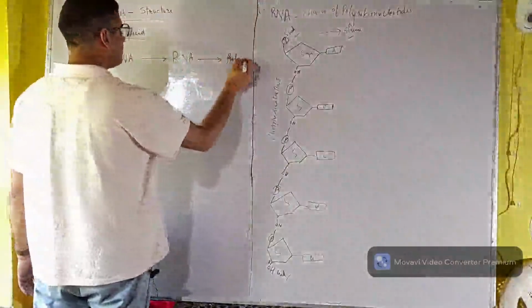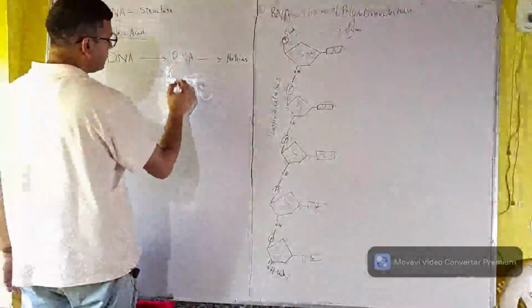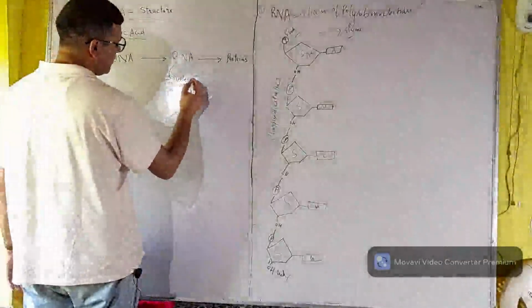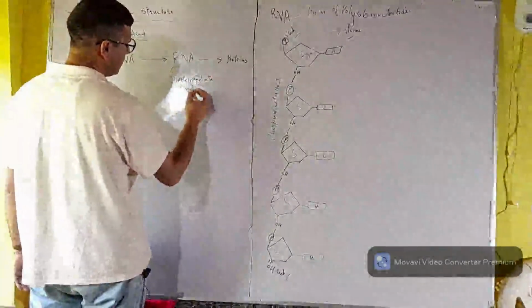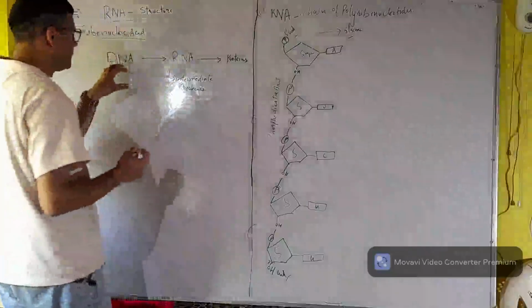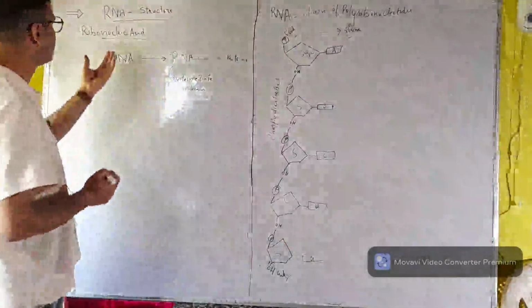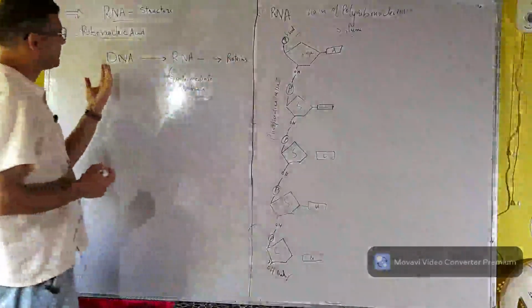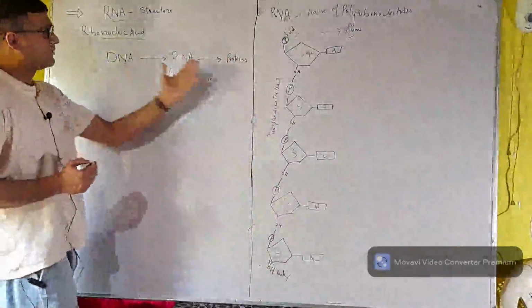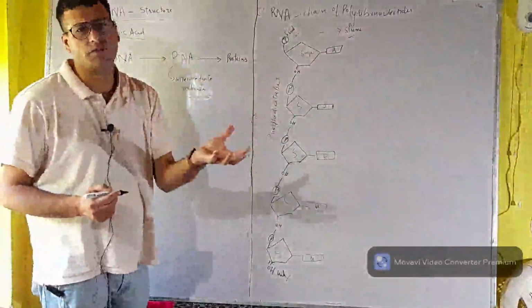It acts as an intermediate between the DNA and proteins. It carries the genetic information from DNA to proteins. It tells the protein the sequence of amino acids.